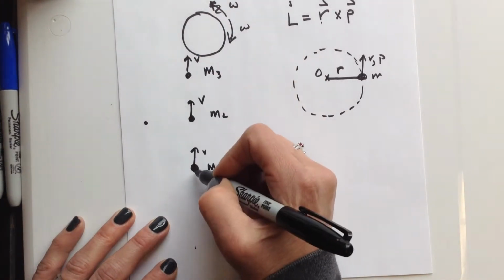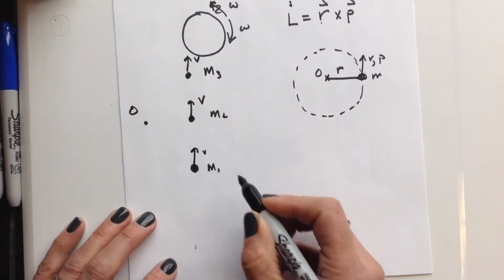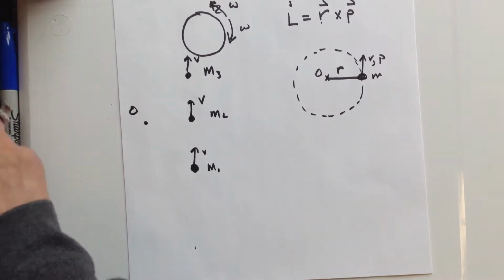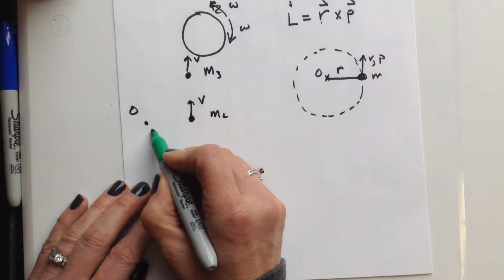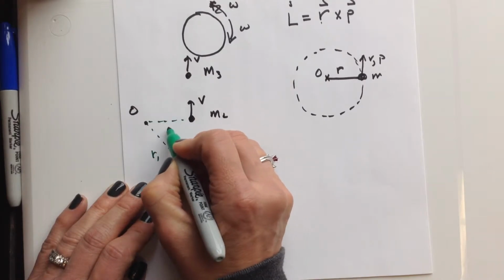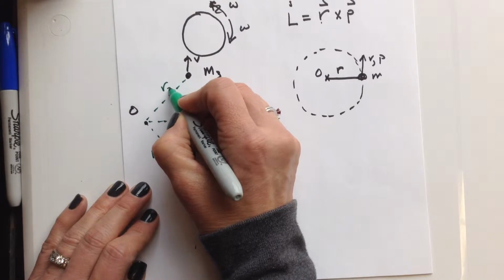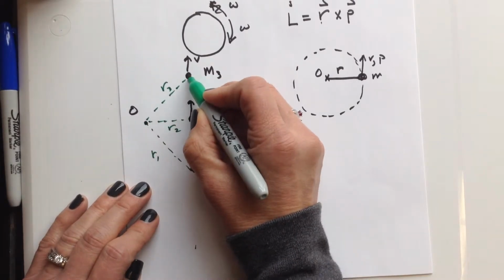All of these particles will have angular momentum relative to this observation point. If we look at the distance from the observation point, we'll call these R1, R2, and R3, from the pivot point to the object.